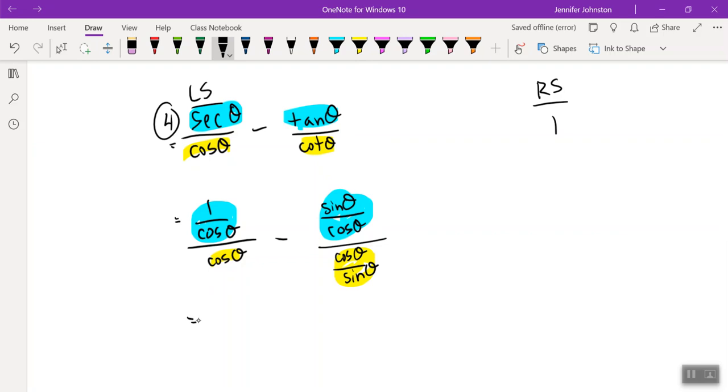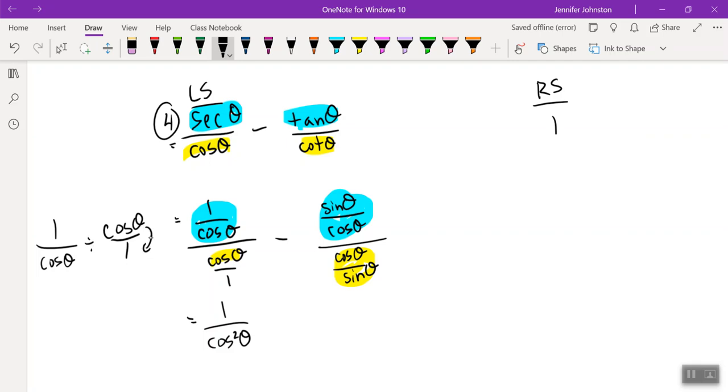All right, so let's look at each of these separately and try to simplify them. Well, when this gets divided, we're going to flip it. All right, 1 over cos is going to be multiplied by 1 over cos. So we're going to get 1 over cos squared theta. How did that happen? 1 over cos theta divided by cos theta divided by 1.